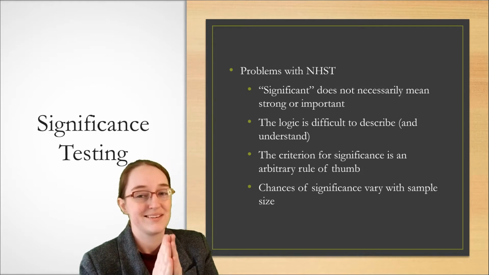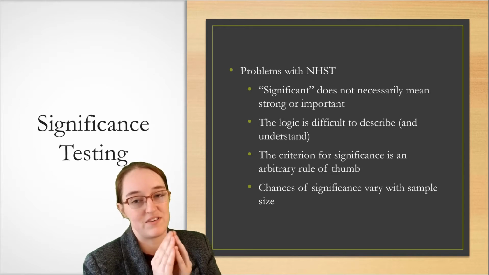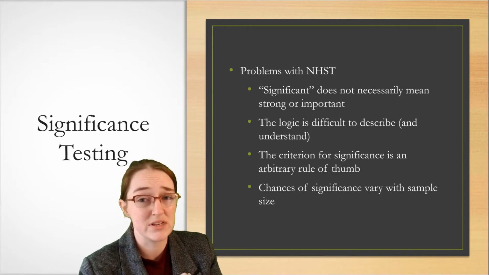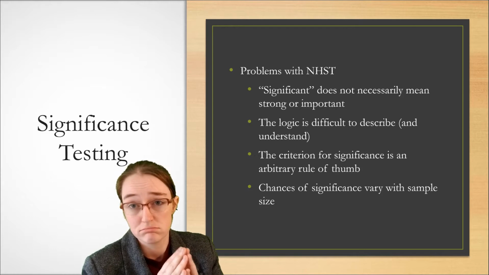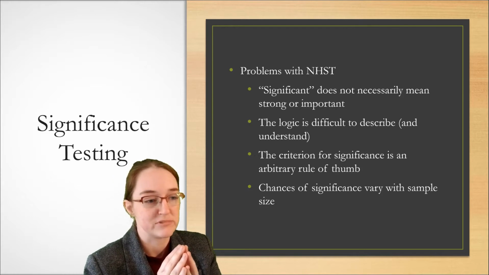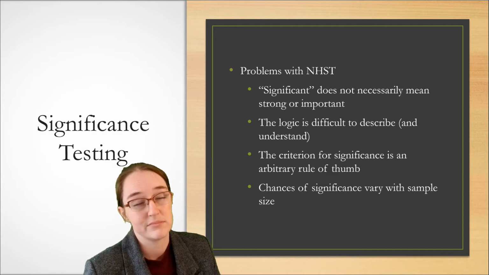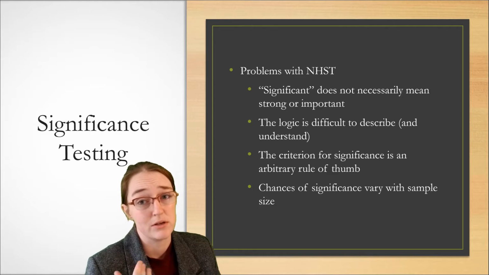If you're on that border, like that 0.051, it is not unusual enough. We can't say, well, it's unusual. "You can't reject the null" is the language that we typically use.